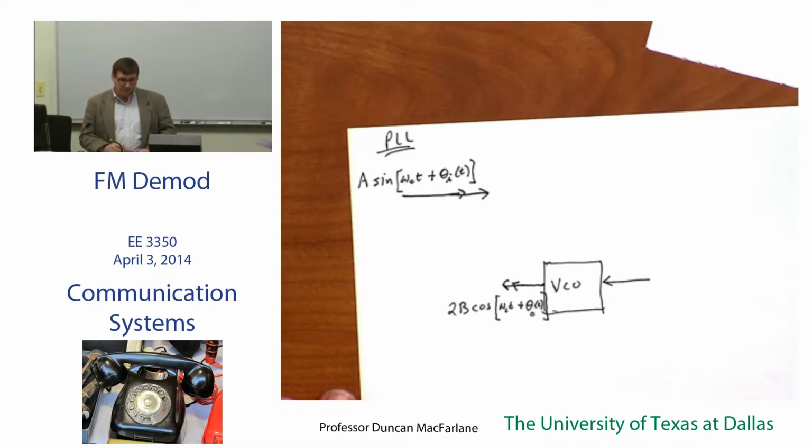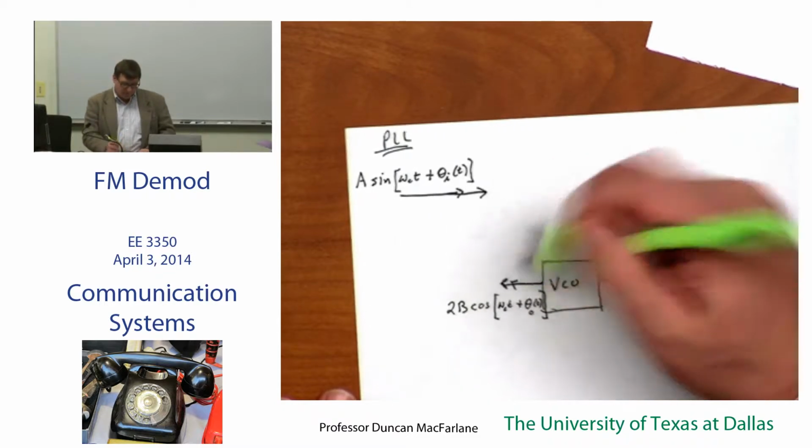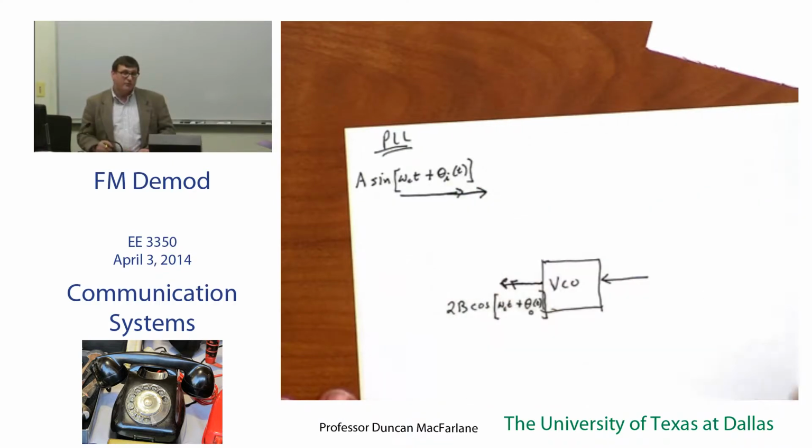Then what I want to do is somehow compare the output of my VCO with my input to my phase lock loop. And I've got a couple different ways of doing that. I can sum them together, or I can subtract one from the other. But that doesn't seem to get me very far mathematically.